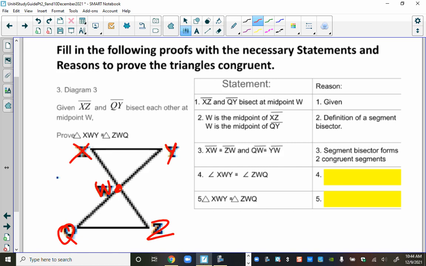W is your midpoint between Q and Y and X and Z. So if W is your midpoint, let's say between Q and Y, what can we say about the distance between Q and W and the distance between W and Y? What can we say about them? W is your midpoint between Q and Y. What can we say the relationship between Q and W and Y will be?